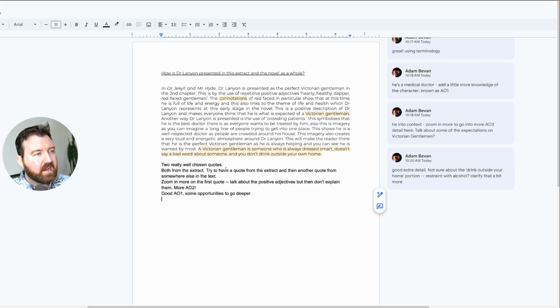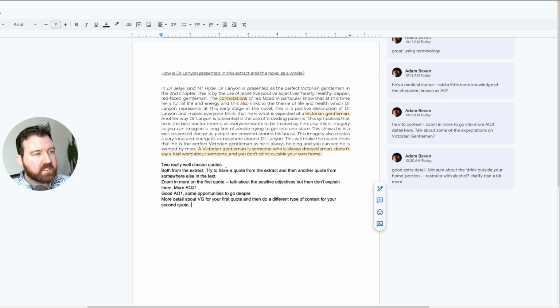And then I would say that your understanding of the Victorian gentleman is good, but I think that you probably want to put more detail about Victorian gentlemen for your first quote, and then do a different type of context for your second quote. You don't want to have the same context twice, really.